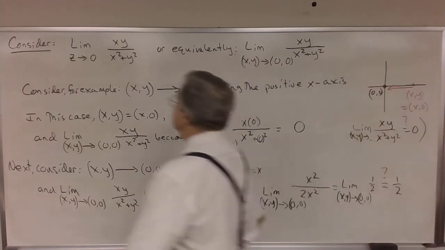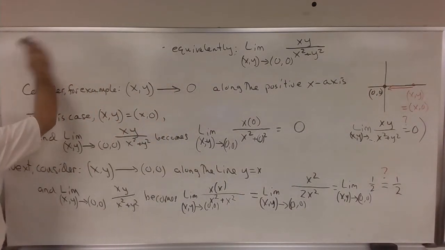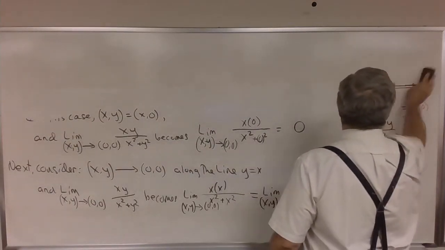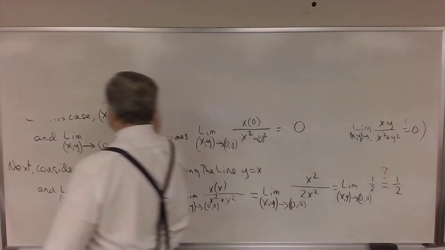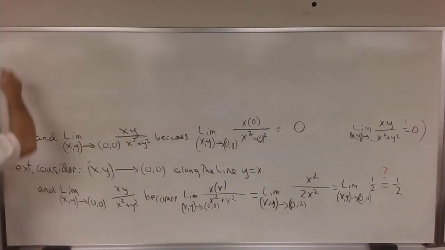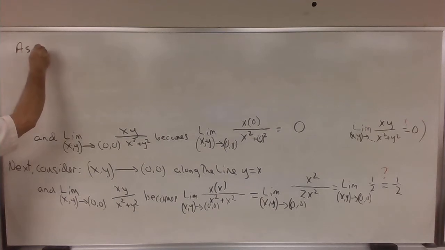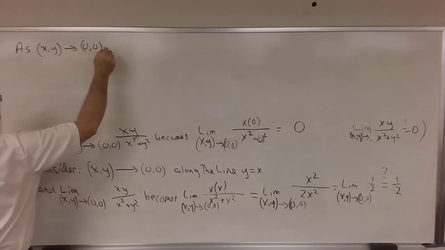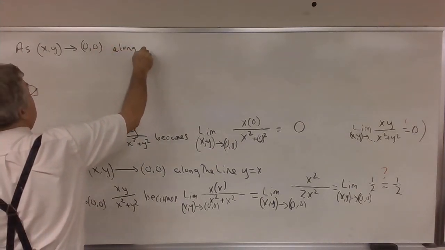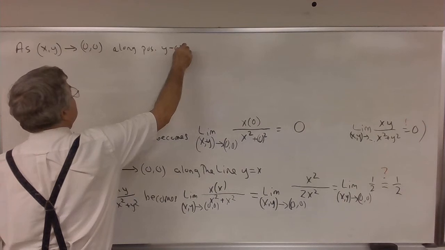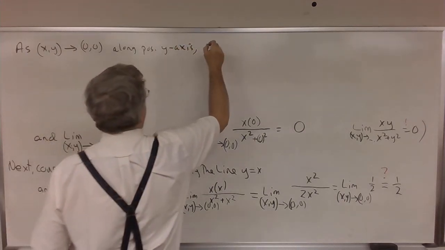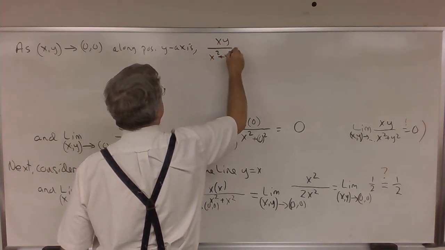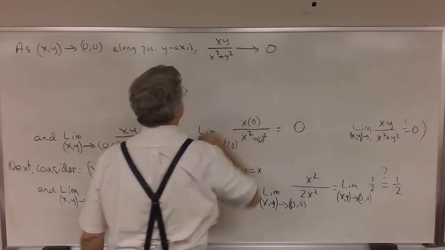So let's recap what we just discovered. As xy approaches the origin along the positive y-axis, our function, what was that, xy over x squared plus y squared, approaches 0.